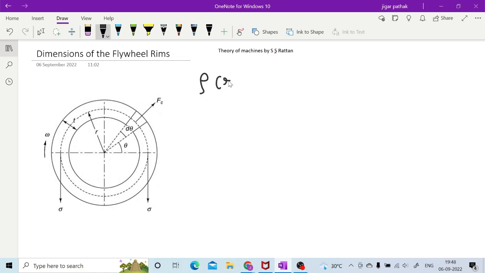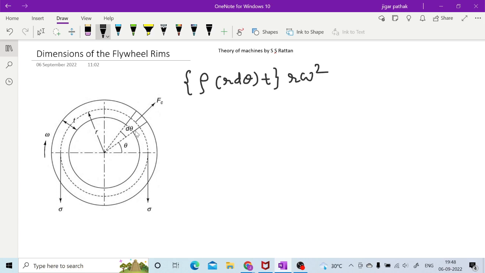So rho into r d theta, that is that length into thickness, so mass is rho into r d theta into t. And you know centrifugal force is given by mr omega square.